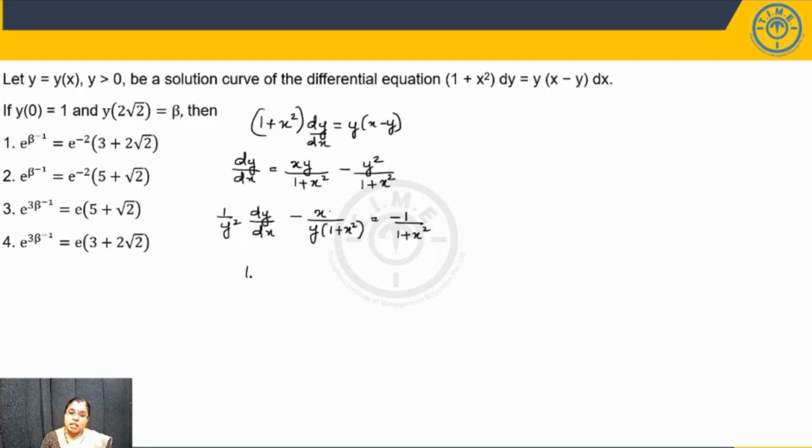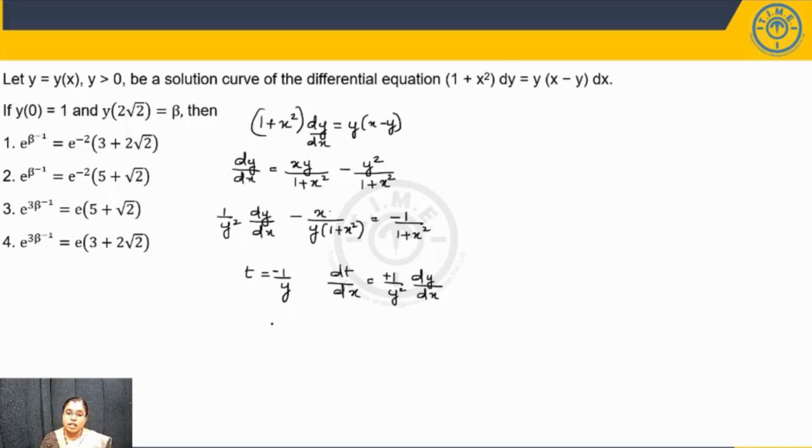So let's take t = 1/y. So dt/dx will be −1/y² dy/dx. If you take this as negative, here it will be plus, so that will be a bit easier. So let's take −1/y, and here it will be plus 1/y² dy/dx.